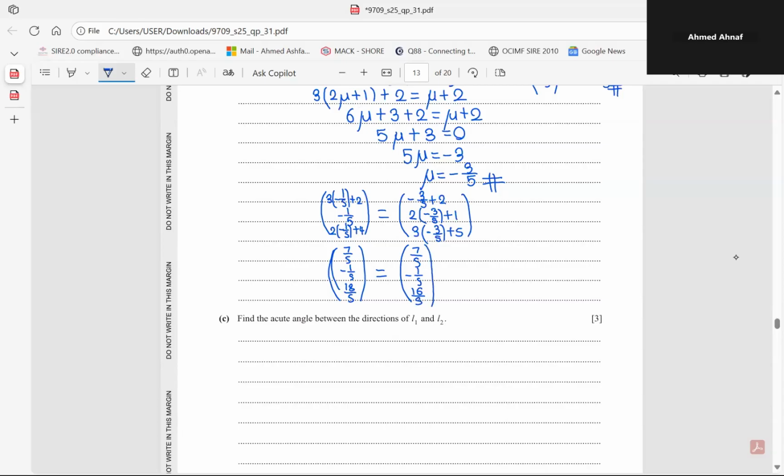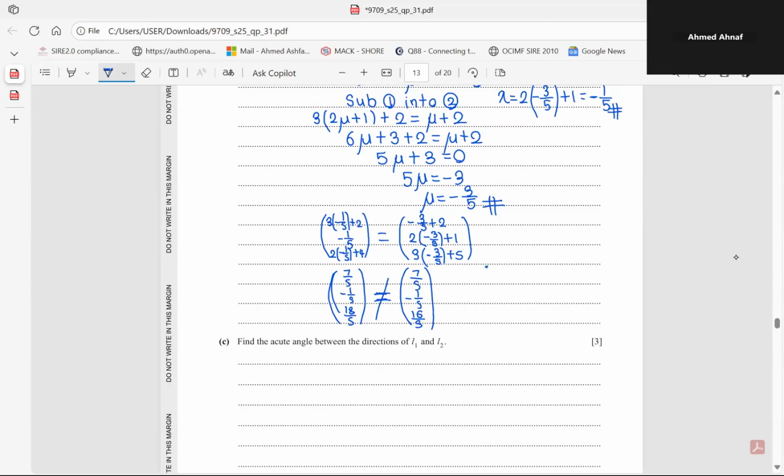As you can see, not all the rows are equal to each other, so this is not equal to this. Since the solutions are inconsistent, the lines don't intersect.